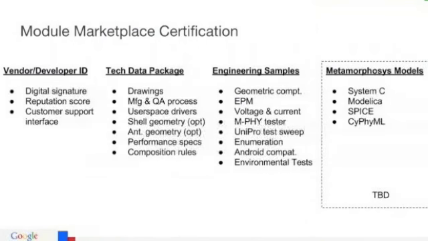We'll verify that the EPMs have sufficient hold strength. We'll do a voltage and current sweep, and then do a bunch of tests to exercise the network stack and the Android and software stacks. And lastly, we'll probably do some version of all the environmental tests that I previously went over.